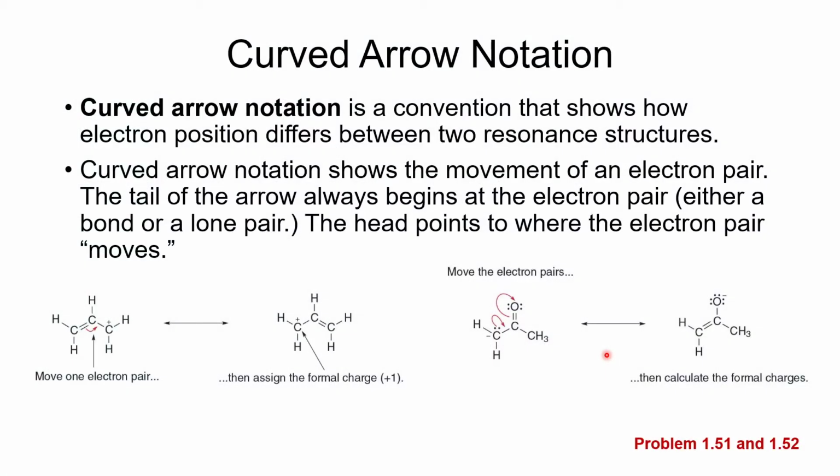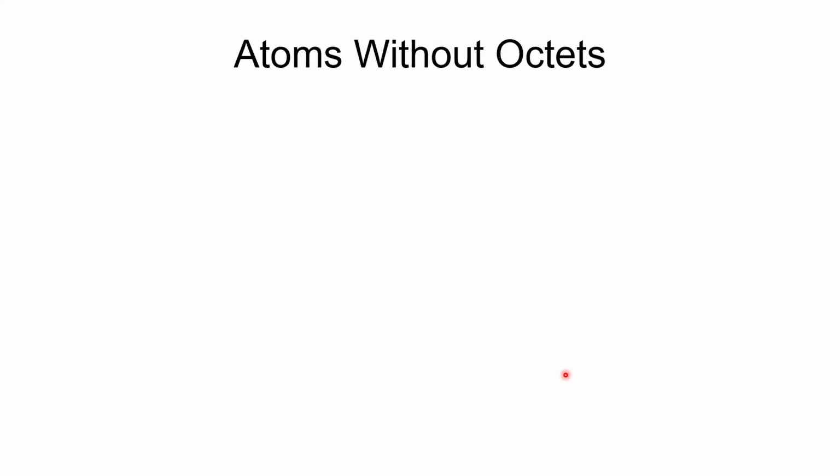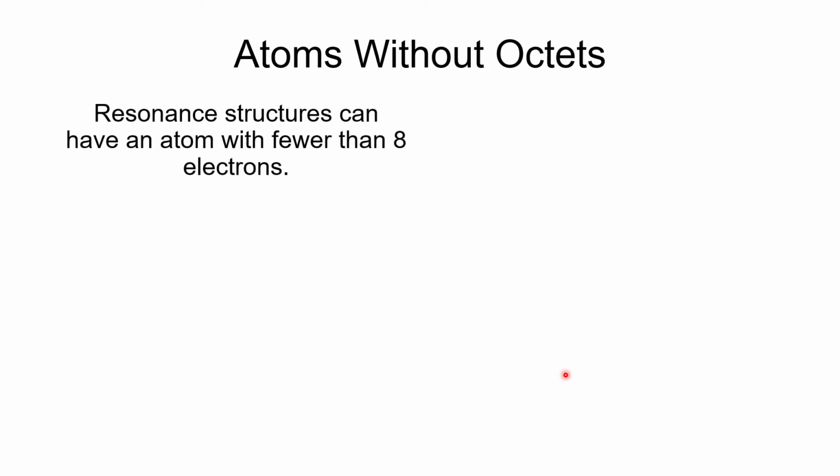Let's go back to our presentation. We'll find that there can be atoms that don't have octets, and we saw a couple of those on this previous example where there were certain atoms that didn't have a full octet. So resonance structures can have atoms that have fewer than an octet.